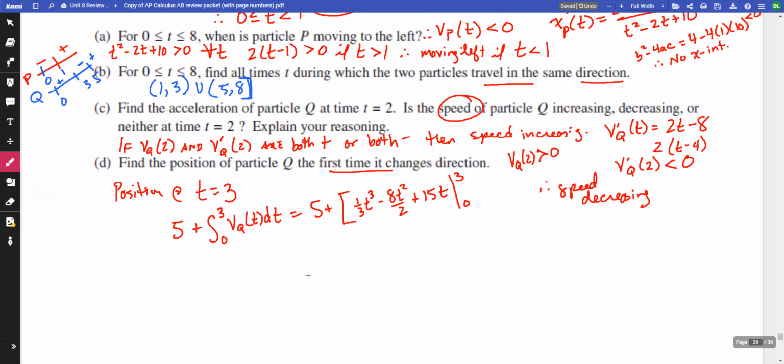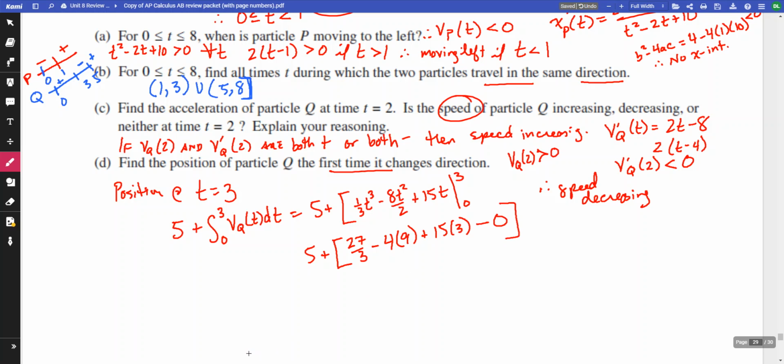Continuing with this, that's going to give me 5 plus, right, I'm going to have t to the third power over 3, so that's going to be 27 over 3, minus 4 times 9, plus 15 times 3, and then minus 0. So I've got all the right numbers in all the right places, and that's a good enough solution.